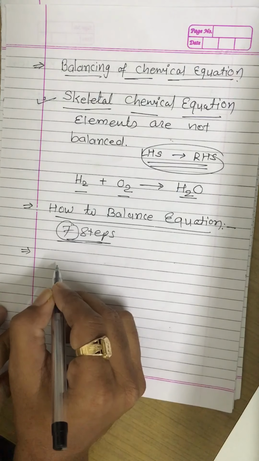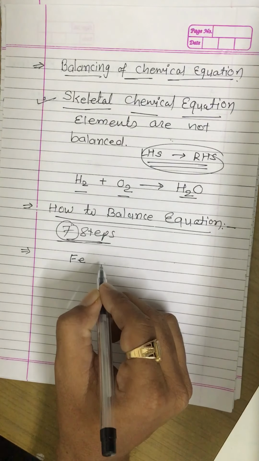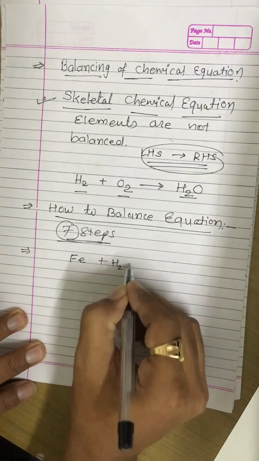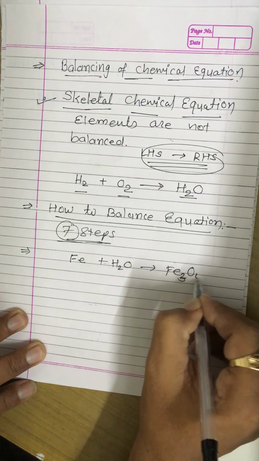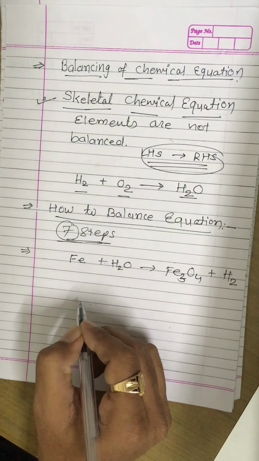It is necessary to write it. If asked in an example, suppose one reaction: iron metal reacts with water and gives us Fe3O4, that is iron oxide, and hydrogen gas.